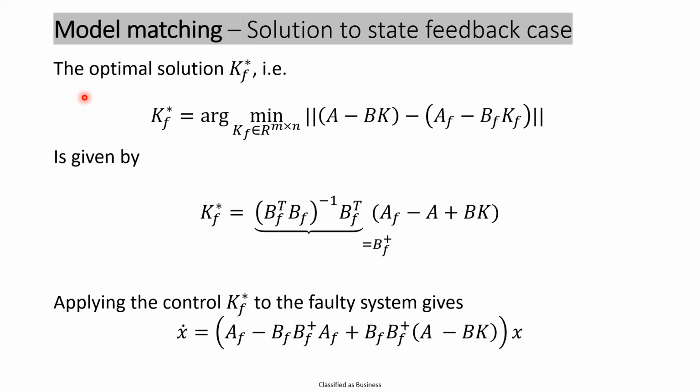And then you need to go through an iterative process to refine or fine-tune the parameters. But here, in order to avoid that fine-tuning and iterative process, we design a controller for the nominal case, and we try to achieve more or less the same response for the faulty case. So that's the idea behind model matching.